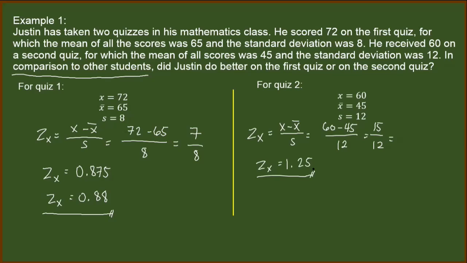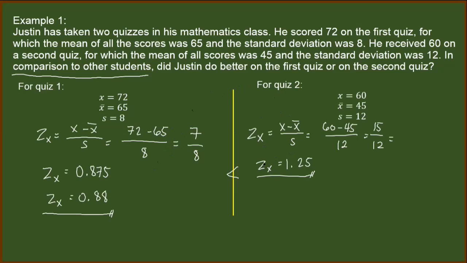So comparing these two z-scores, we can say that the z-score of quiz 1 is less than the z-score of quiz 2. So this is what I was telling a while ago. The larger the number for the z-score, it means that the better the performance. So comparing the two z-scores, we can see that the z-score for the second quiz is higher.